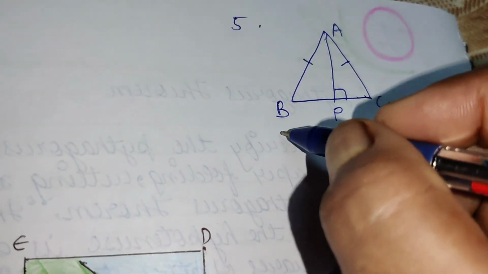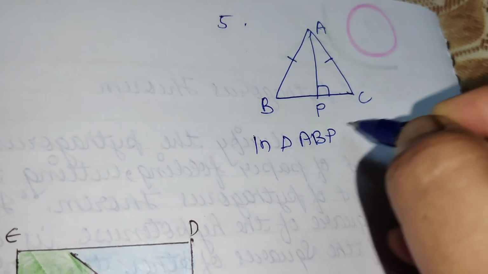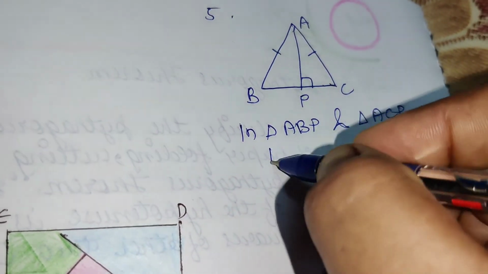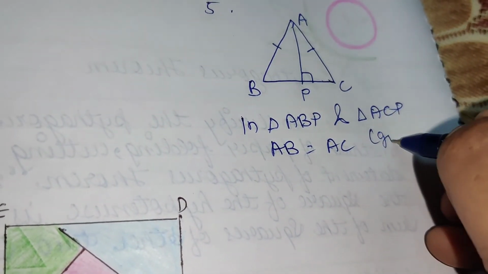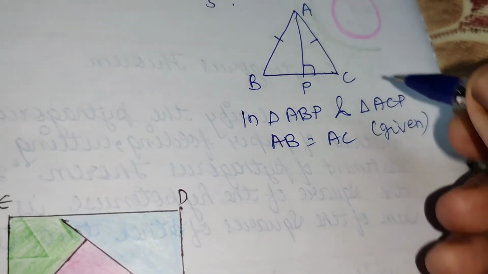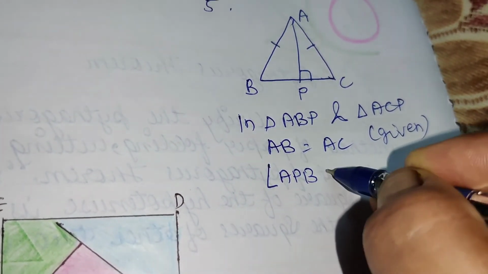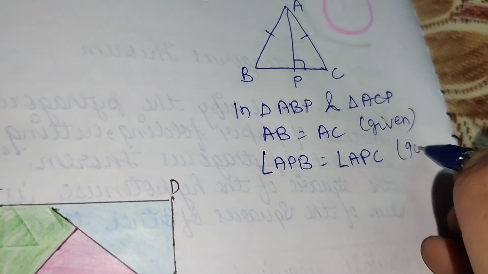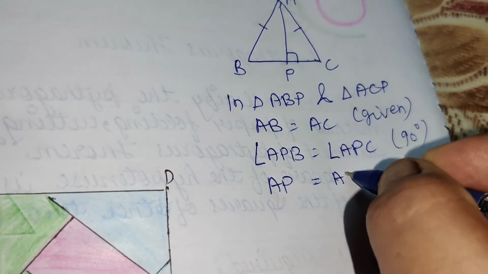Very easy question. In triangle ABP and triangle ACP, AB equal to AC, given, and angle APB equal to angle APC, 90 degrees, and AP equal to AP, common.